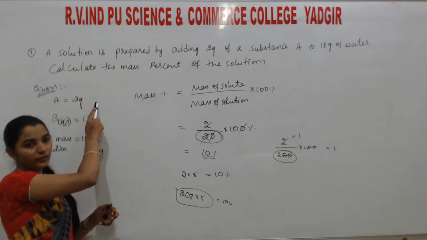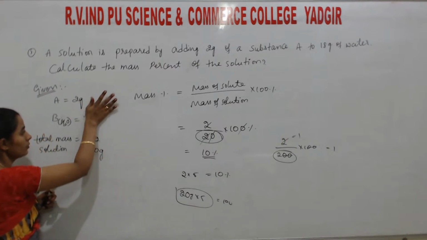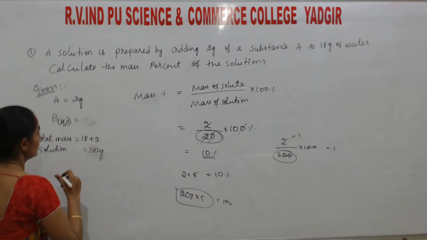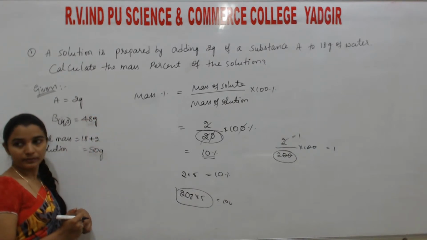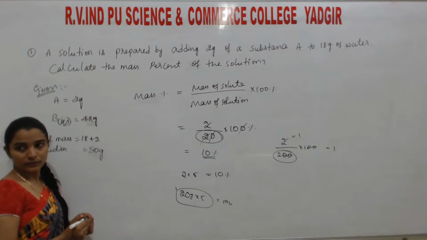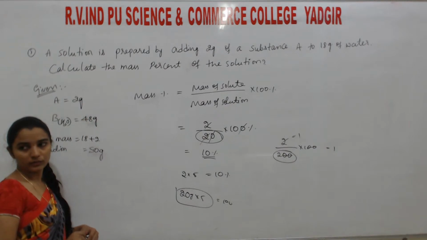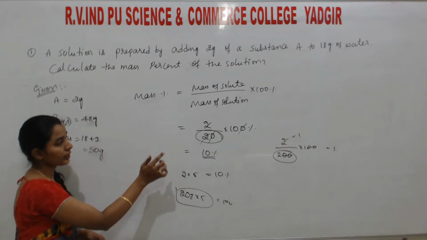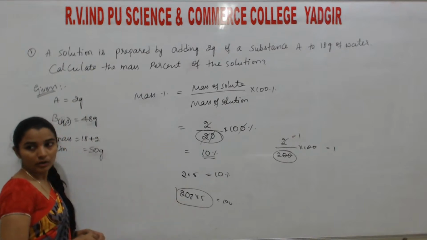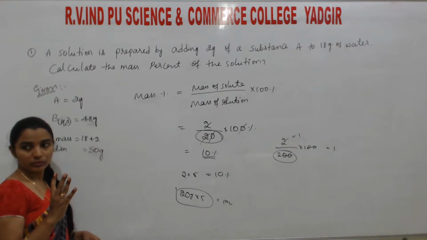Here 2 grams of a substance is dissolved in 48 grams of water. So the overall mass is 50. You may calculate like this: 2 divided by 50 into 100, that becomes 4.